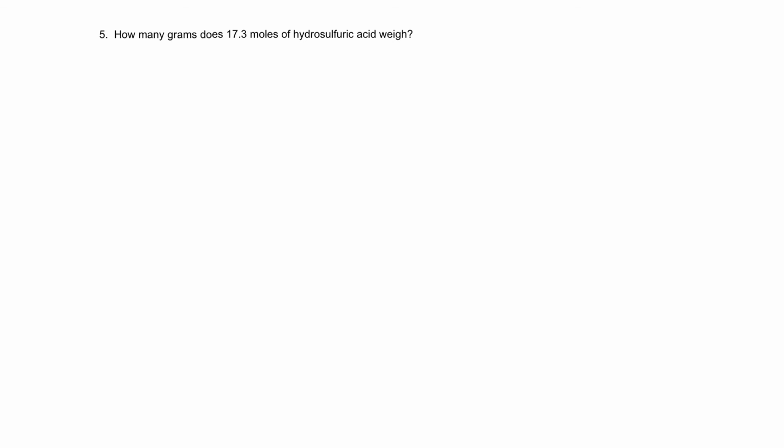How many grams does 17.3 moles of hydrosulfuric acid weigh? Well, this one has the prefix hydro. So a hydro something-ic acid I know is a binary acid. If it's a binary acid, I know it just is going to have hydrogen plus 1 other element.